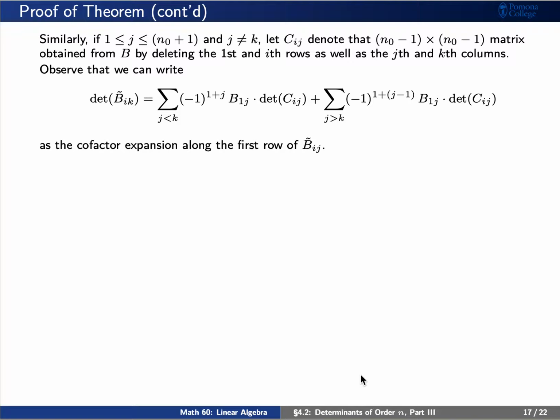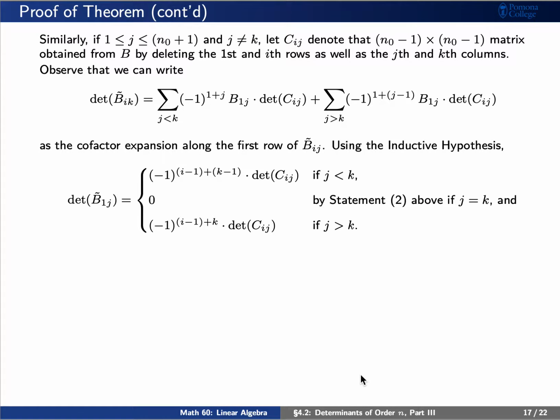But we do need to cross out row 1 and column j of B_ik tilde. Again, this is how the definition of the determinant works with an expansion along the first row. But if we delete the first row and the jth column of B_ik tilde, this is just the matrix that we're denoting by C_ij.